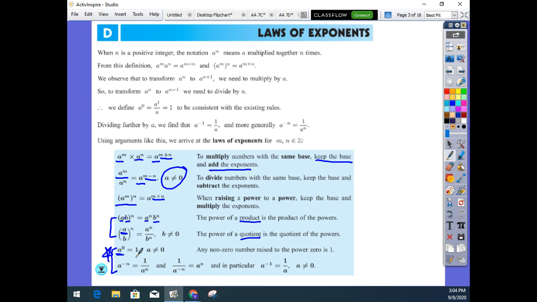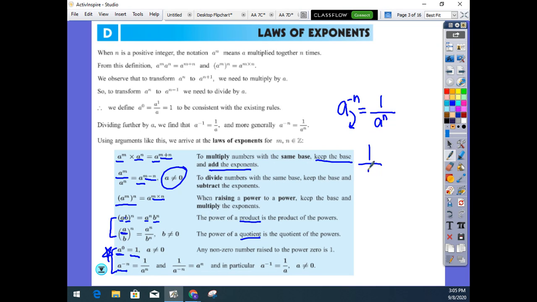Now, these two I'm going to start. Anything to the 0 power is 1. And a negative exponent means it's a fraction. Let me come over here. A to the negative n, what I'm going to do is move it to the denominator. In moving it to the bottom, the exponent becomes positive, and I use 1 to hold the spot.